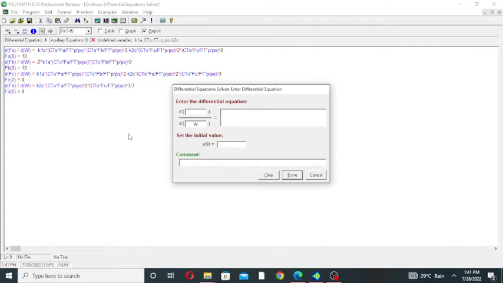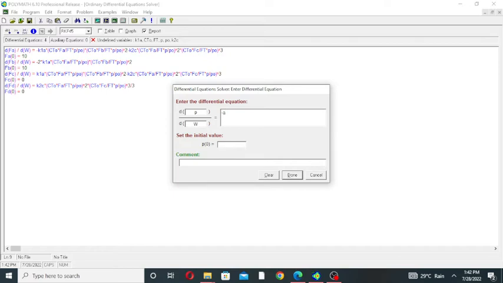So equation number 5 is d phi divided by dW. So d phi divided by dW is equal to minus alpha. So I am writing A for alpha.